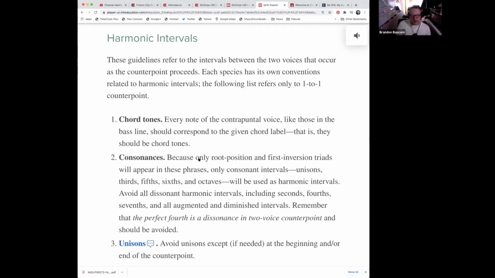Avoid all dissonant harmonic intervals, including seconds, fourths, sevenths, and all augmented and diminished intervals. Remember that the perfect fourth is a dissonance in two-voice counterpoint and should be avoided. So you think that the fourth is one of the good guys because it's perfect, but it's not. Cool?